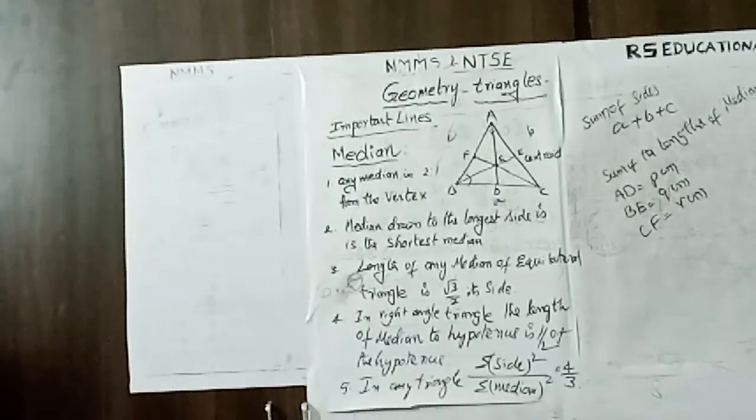These are the lengths of the medians AD, BE, CF.